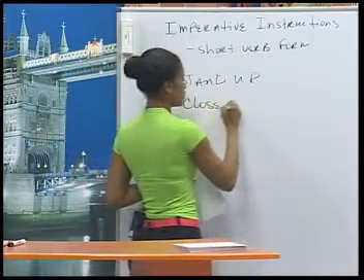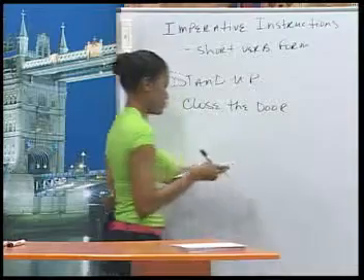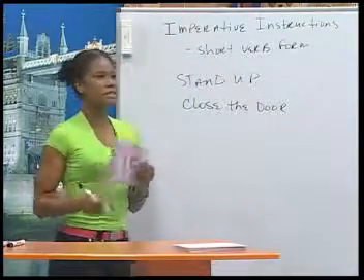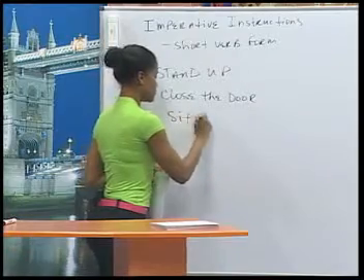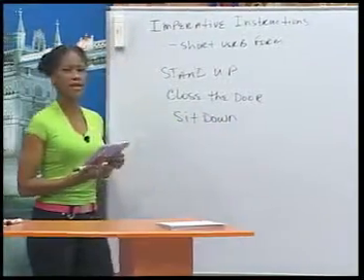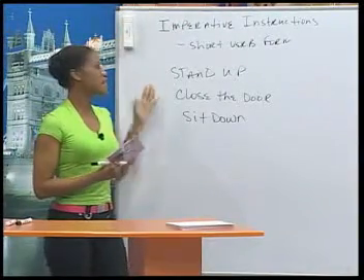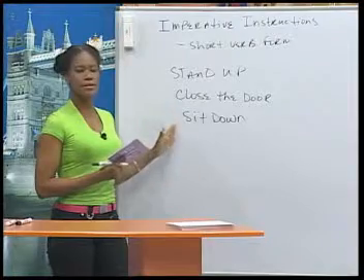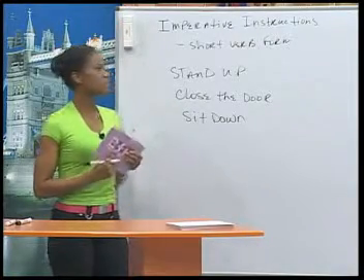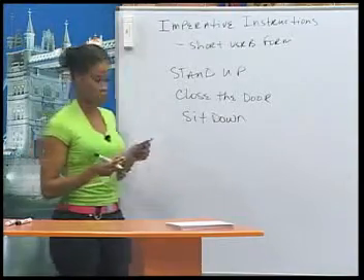Good. Close the door. All right, and Sylvia? Sit down. Good. Okay, so for these commands or imperative instructions, we can say stand up, close the door, sit down, and remember the subject is you, so one or more people.